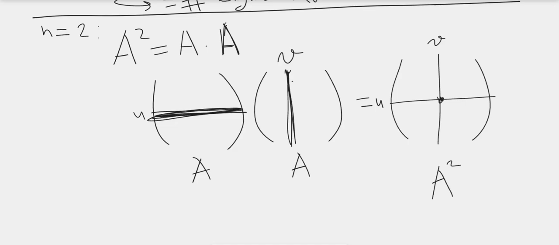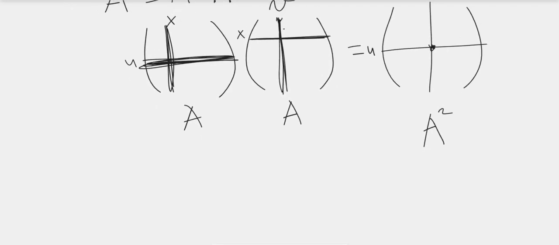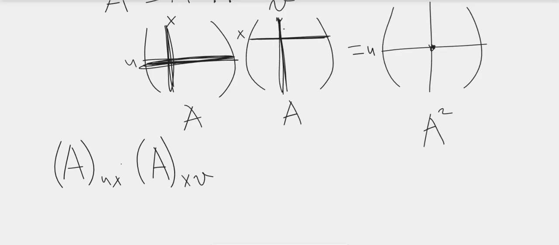To write this another way, if we have the vertex x here and here, we take the row for u and the column for v, and A_ux would be multiplied by A_xv.